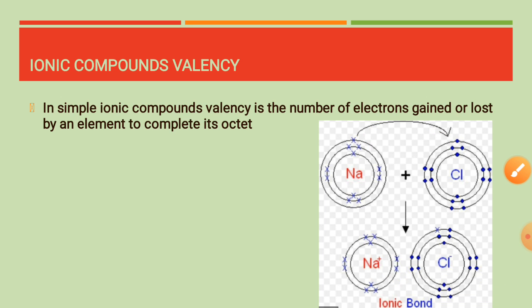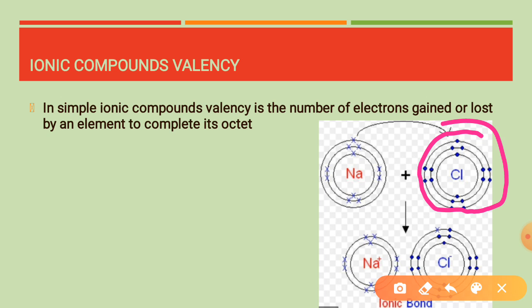Now if we talk about chlorine, its abbreviation is Cl, the first letter in capital and the other in small. You can see that chlorine also has 3 shells. The first one is accommodated by 2 and completes its duplet rule. In a duplet, the first shell has to accommodate 2 electrons. In the next level there are 8 electrons, and in the last shell the number of electrons is 7: 1 2 3 4 5 6 7.